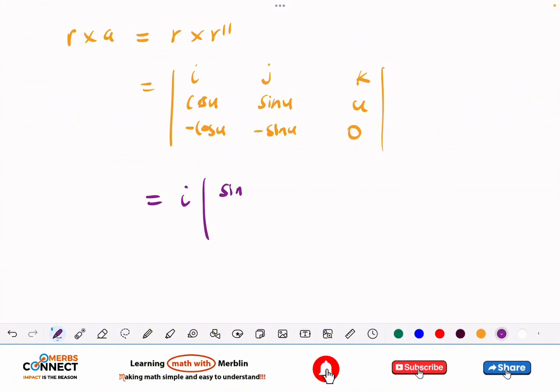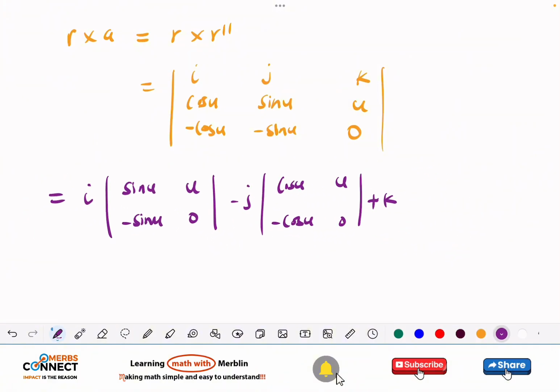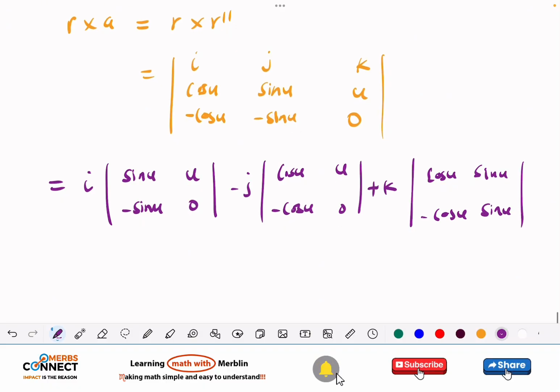So we have sine u minus sine u, minus j. This is going to give us cos u minus cos u, plus k. This is going to give us cos u sin u minus cos u sin u. So let's try and simplify this and see what we are going to get from here.